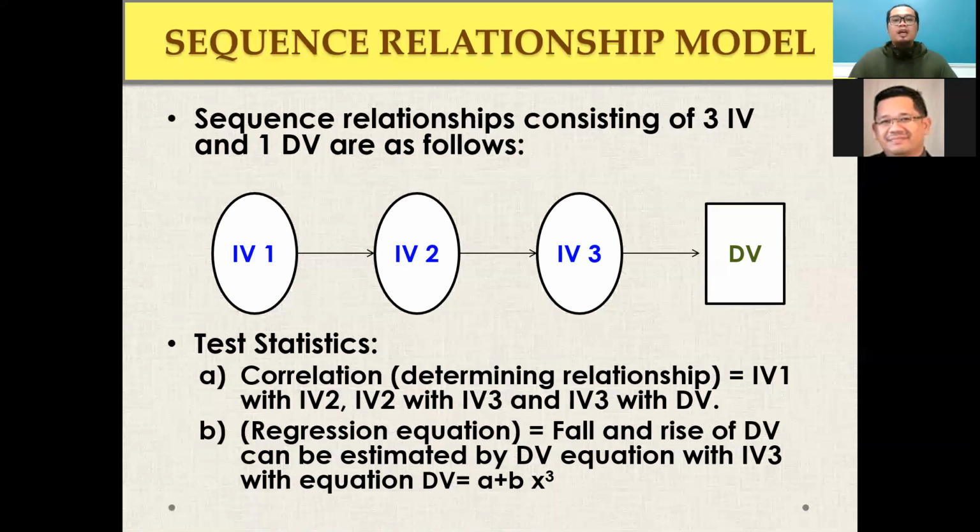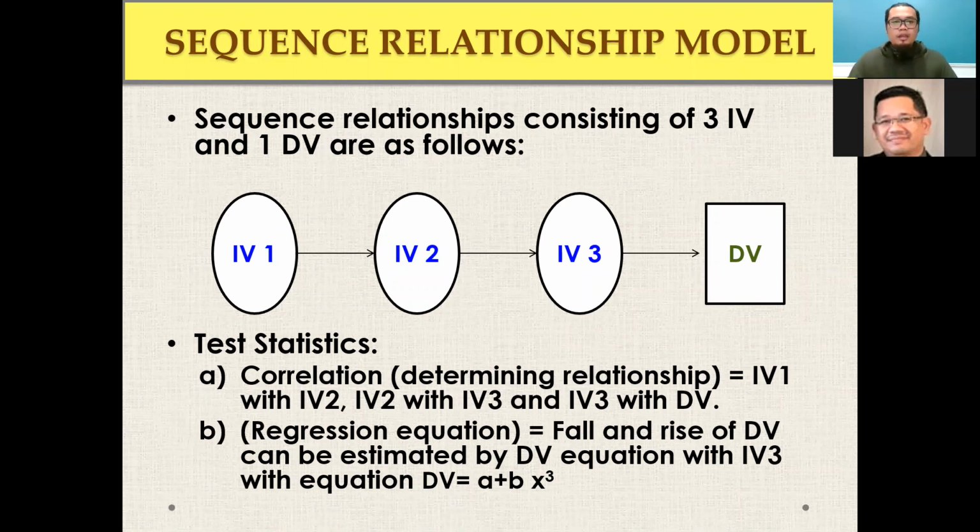If you want to integrate, let's say you want to shift this diagram to integrate IV1, IV2 and IV3 together, you can also use multiple regression, combining IV1, IV2, IV3. But in this example, we call it sequence relationship models. So we can analyze the correlation and also come up with the regression equation: y, which is the DV, equals a plus b x.